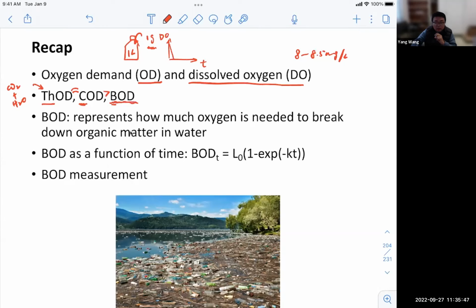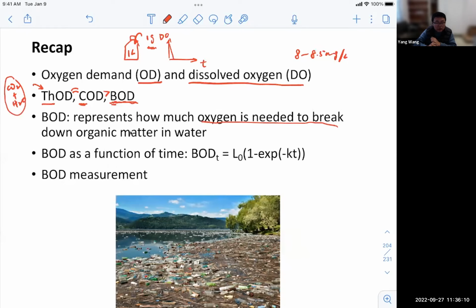Not all of the organics are converted to carbon dioxide and water; some of the organics are used as part of the body of these bacteria. So basically, the BOD represents how much oxygen is needed to break down the organics in the water.